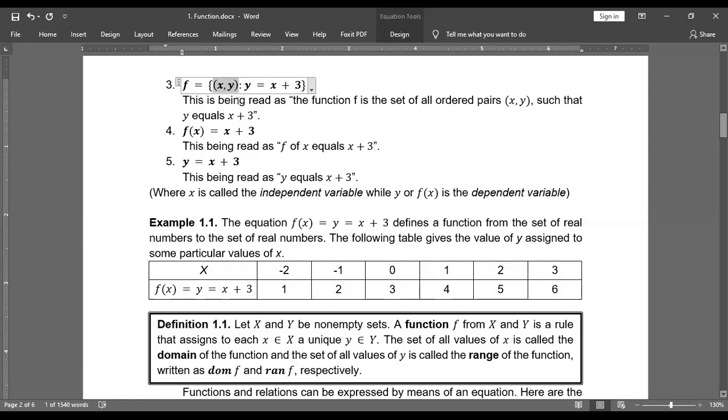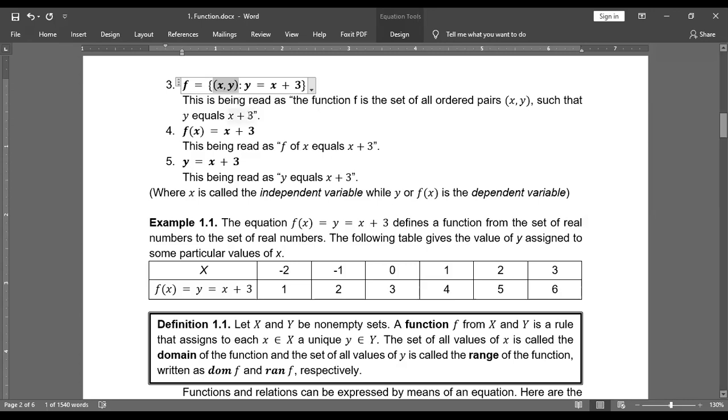So let's repeat, no? There are 5 ways of expressing functions and relations. We have set of ordered pairs, table of values, mappings, graph, and lastly the equation.